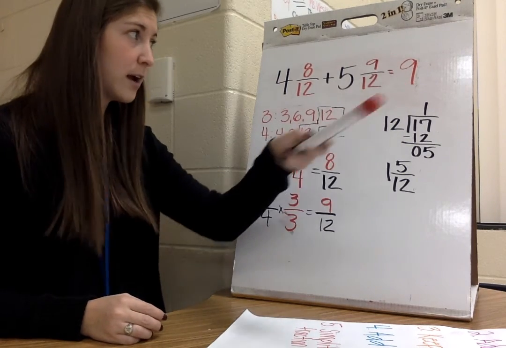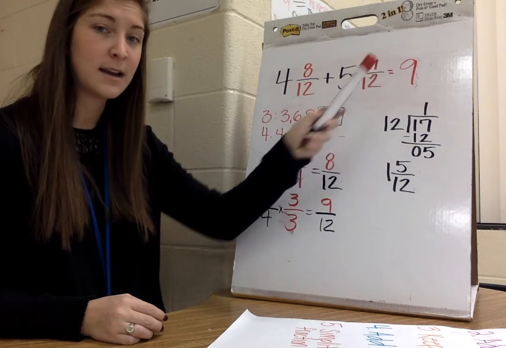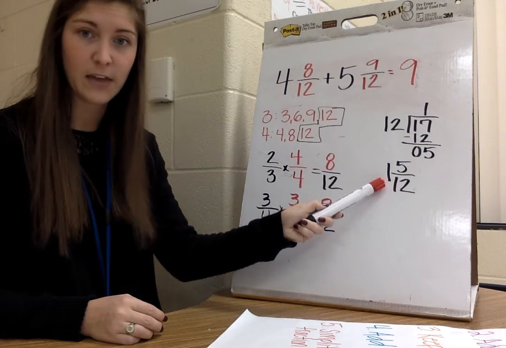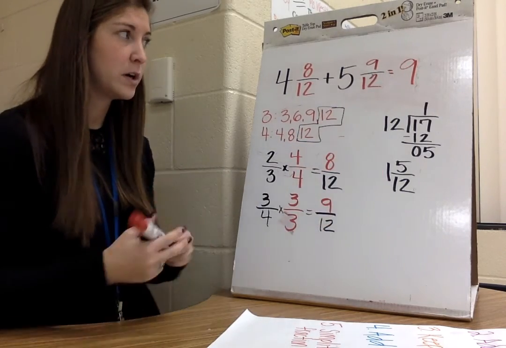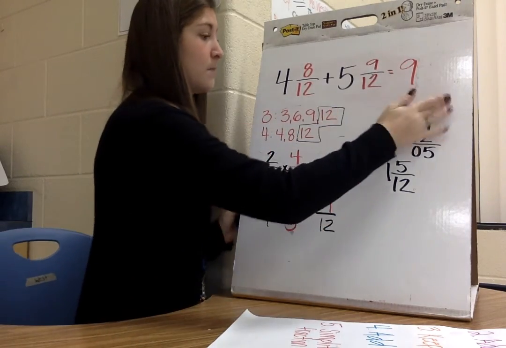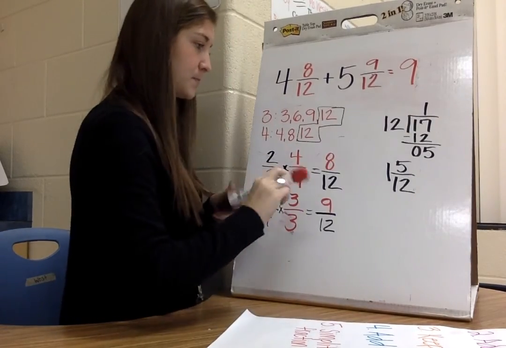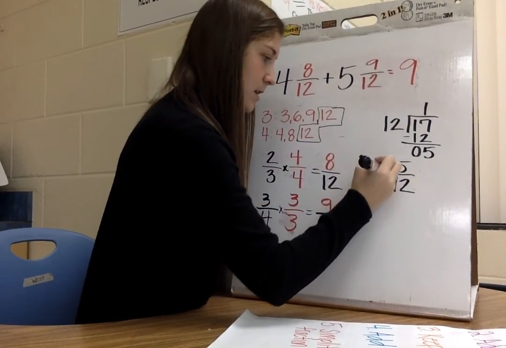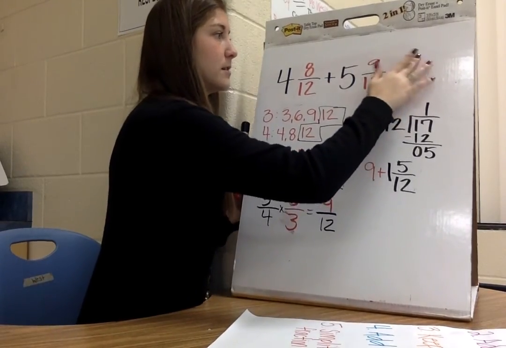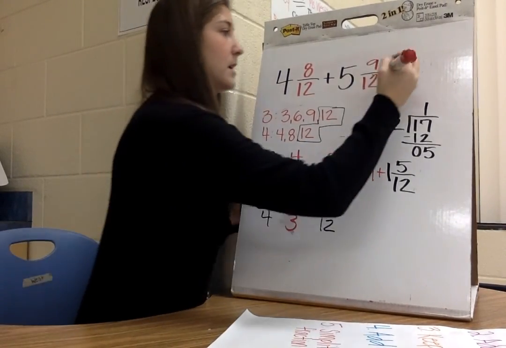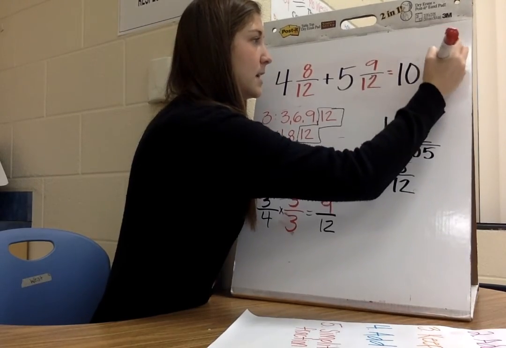What I must do now is add my 9 and this whole number together. My whole number right here is 1. So 9 plus 1 is 10. So now I can write this down here. My new answer to my equation up here is actually 10 and 5/12.